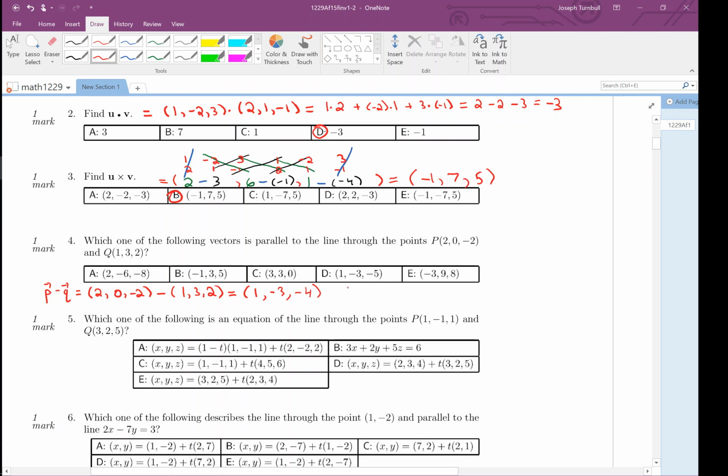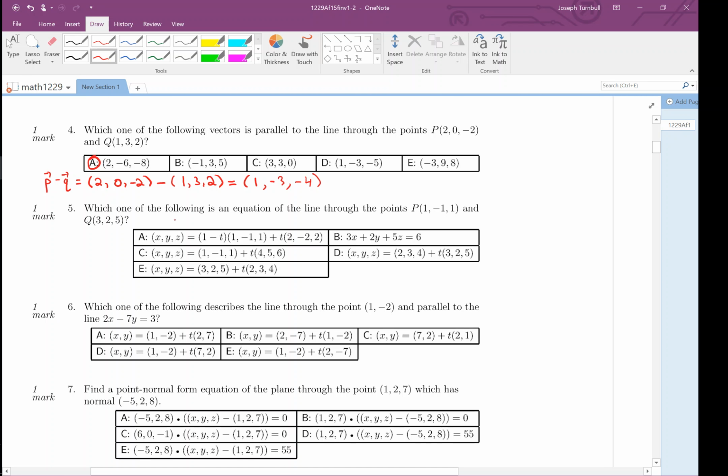I can multiply by, let's see, 1, -3 is right, but the -4 is not -5, so it's almost there, but not quite. And then for E, if I multiply everything by -3, I'll get -3, +9, so the first two entries match, and the last entry, I'll get -4 times -3, I'll get +12, not 8. But if I multiply this by 2, I get 2 in the first entry, -6 in the second, -8 in the third, so that's choice A. Okay, number 5.